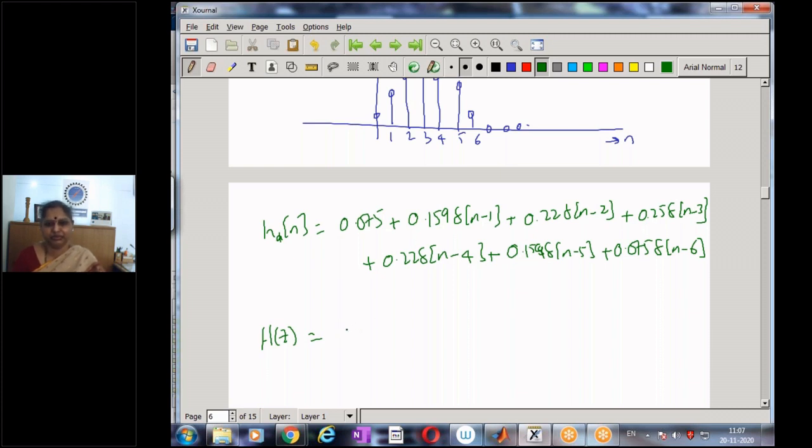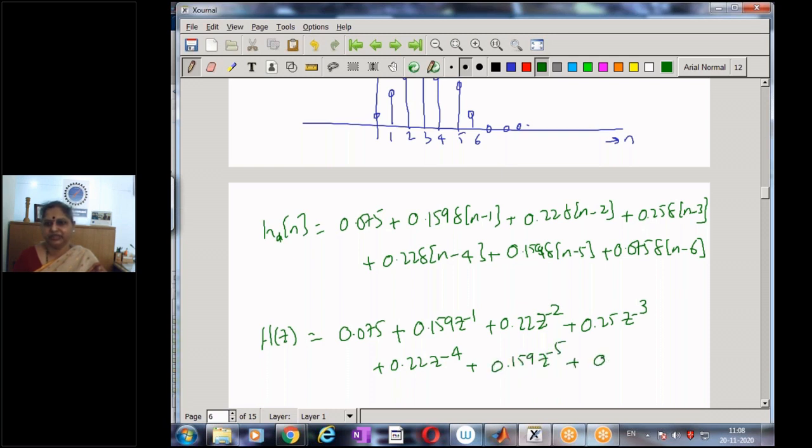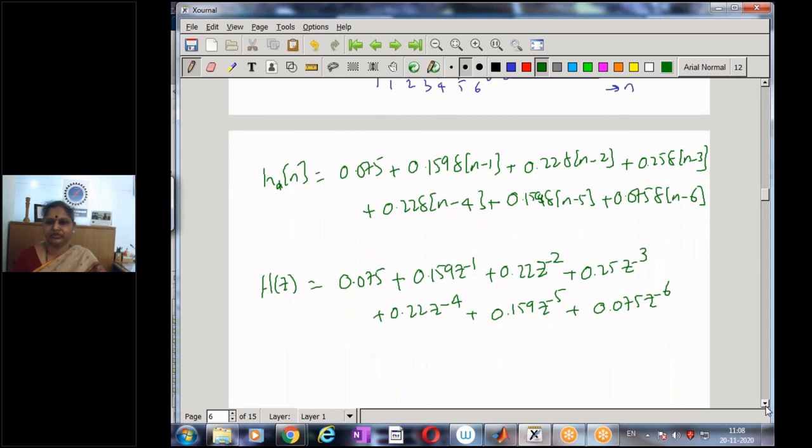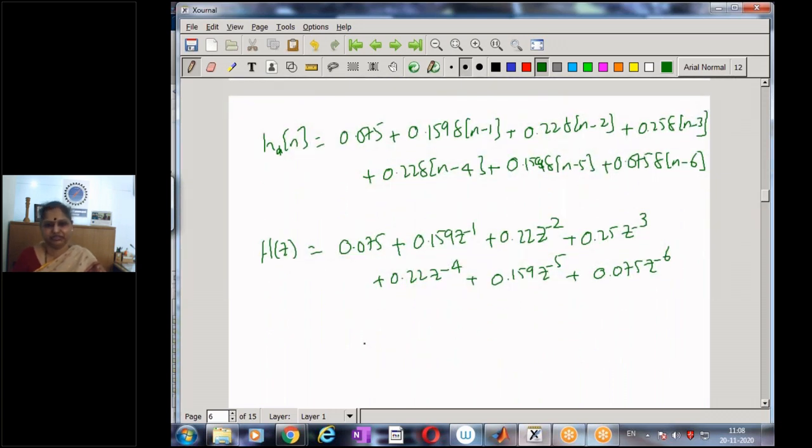I just take the Z transform of the above, and what I get is 0.075 plus 0.159 Z inverse, because we know that the transform of delta n minus 1 is Z inverse, plus 0.22 Z power minus 2 plus 0.25 Z power minus 3 plus 0.22 Z to the power of minus 4 plus 0.159 Z power minus 5 plus 0.075 Z to the power of minus 6. So this is the transfer function H of Z.